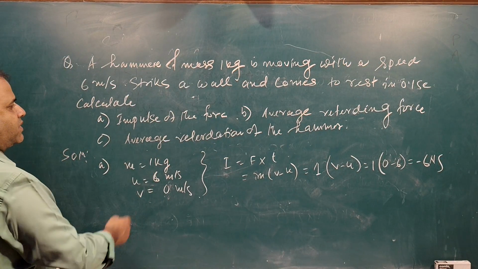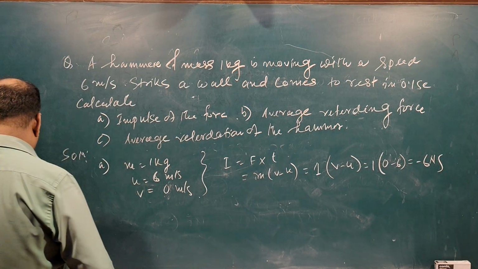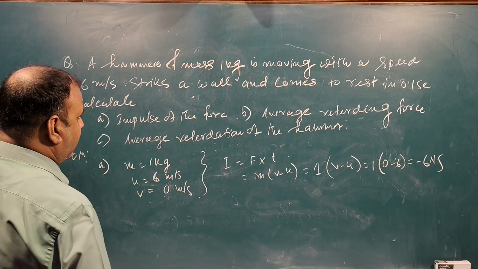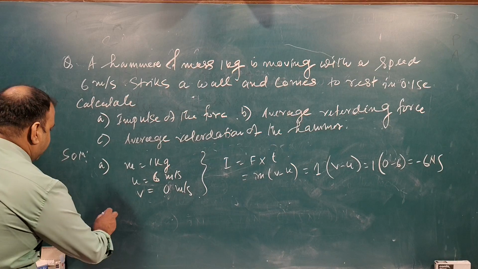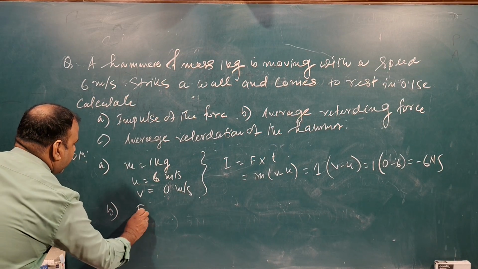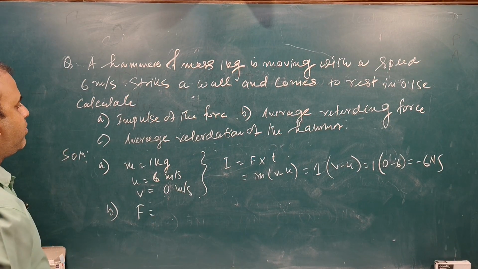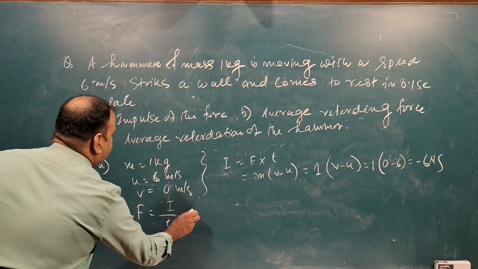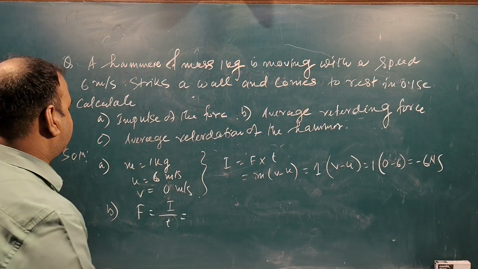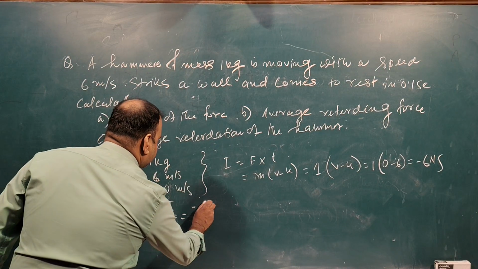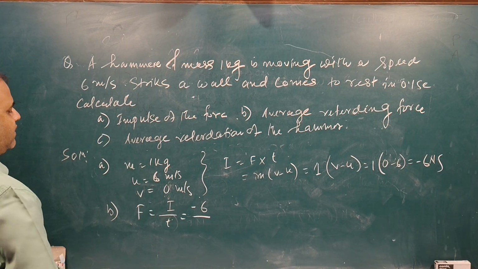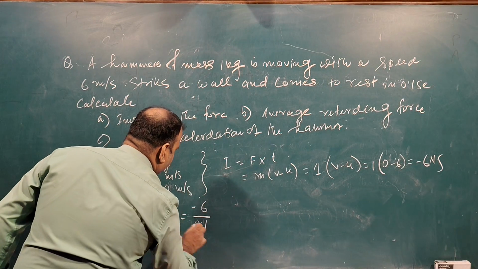For the second question, the average retarding force: F is equal to impulse divided by time. The impulse we have already calculated, minus 6, and the time given in the question is 0.1.